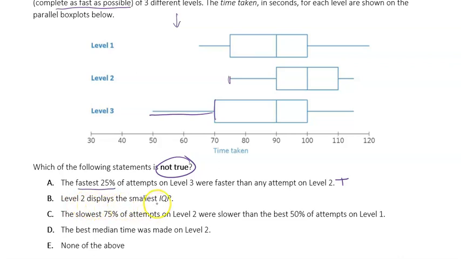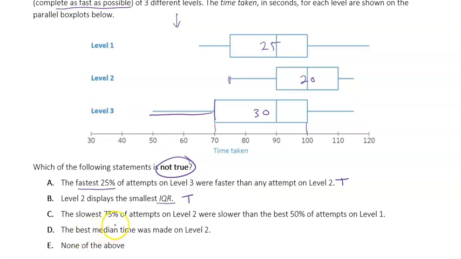B, level 2 displays the smallest interquartile range. So when we look, doing a quick estimation, so we've got approximately 30 as our interquartile range for level 3. For level 2, approximately 20. For level 1, I would say approximately 25. So again, that is a true statement.